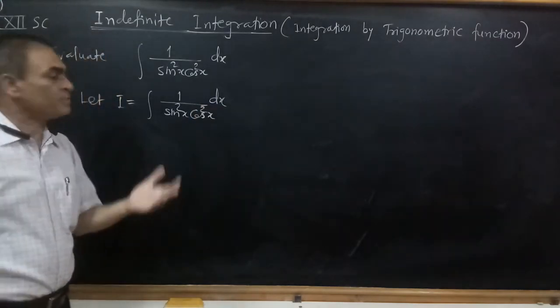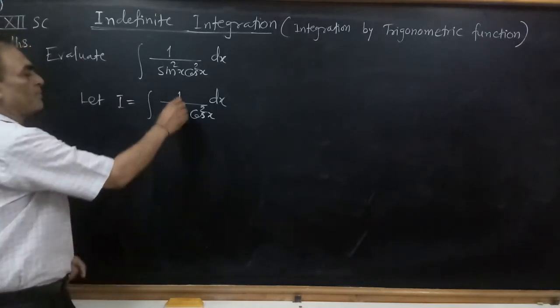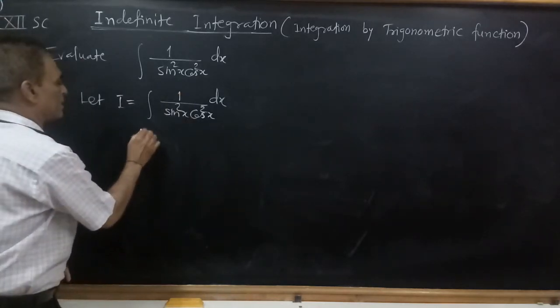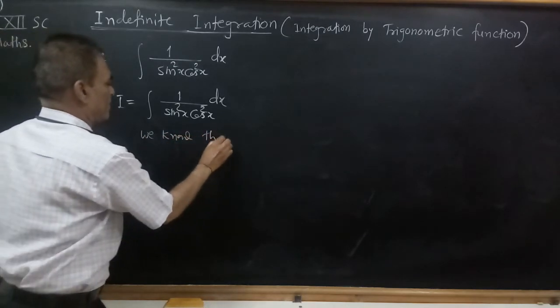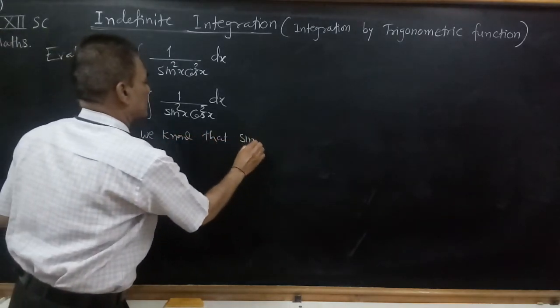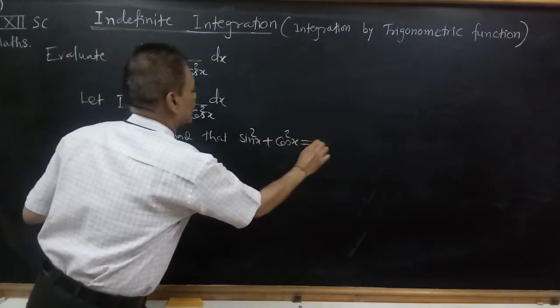Tell me, what is the value of 1 in trigonometry? The value of 1 in trigonometry is nothing but, we know that sin square x plus cos square x is nothing but 1.